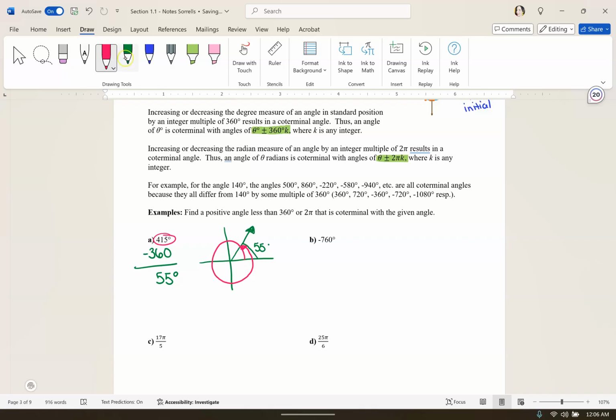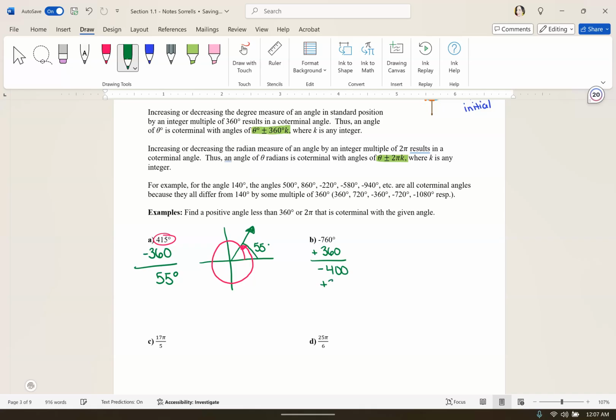If I'm sitting at a negative 760, that means I've got to get above 0 but less than 360, okay? Because I want a positive angle less than 360. So I want to add 360, but that only gets me, whoops, left my negative off, negative 400.